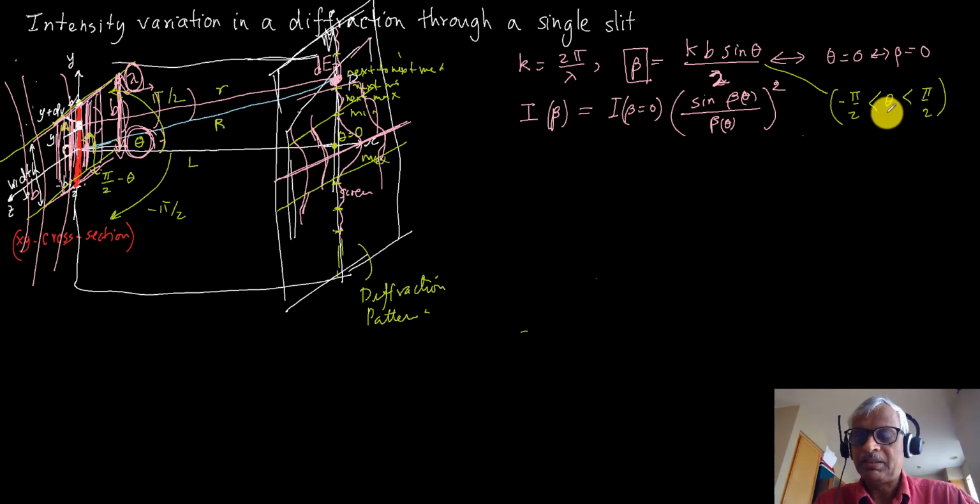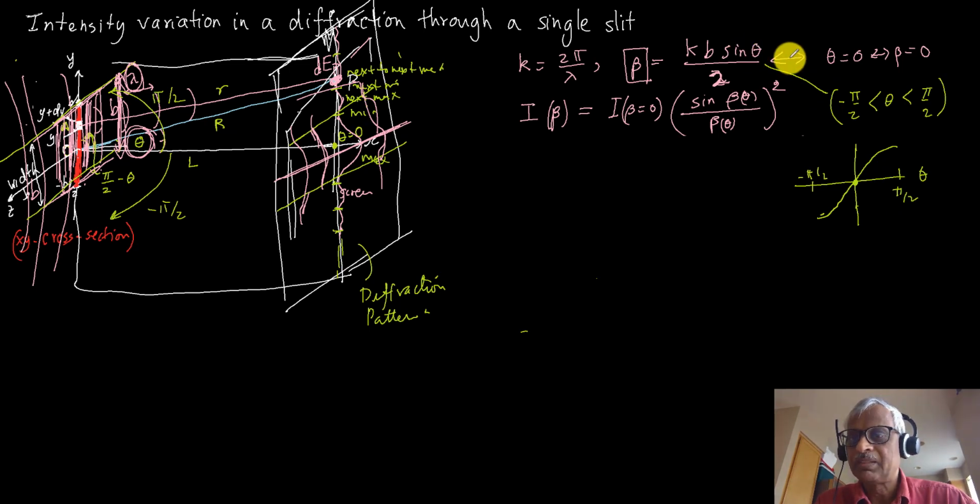If you look at the sine of theta, it's going to go from minus 1 to plus 1. So this is one place: when theta is 0, sine theta will be 0 and beta will be 0.